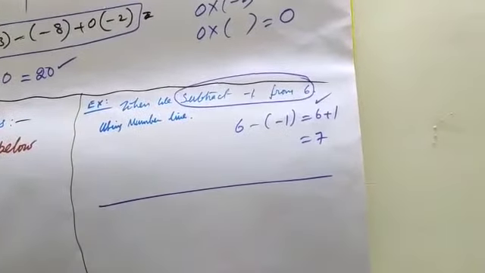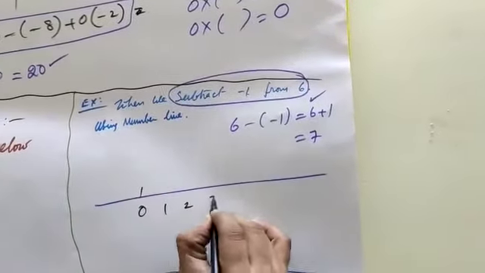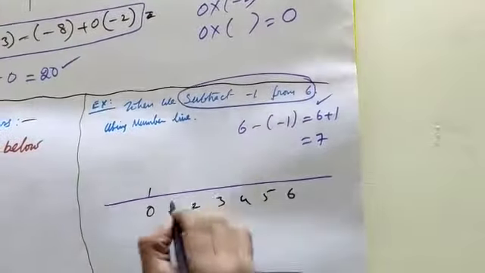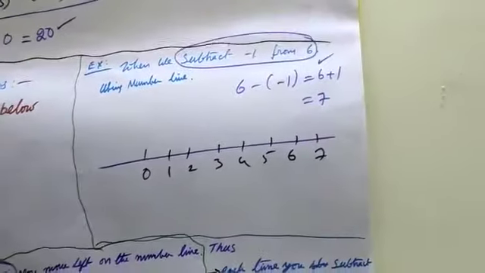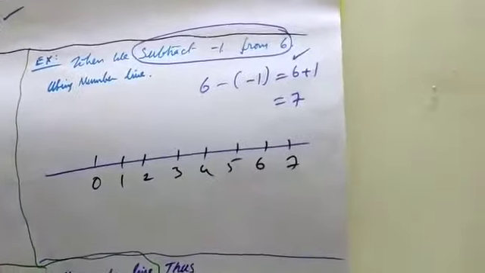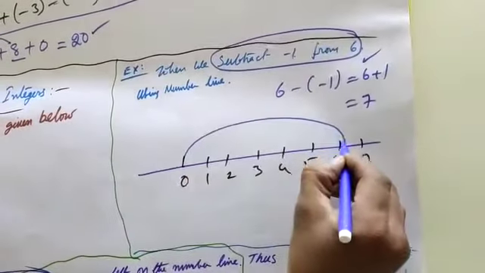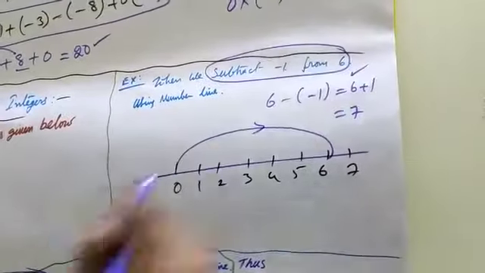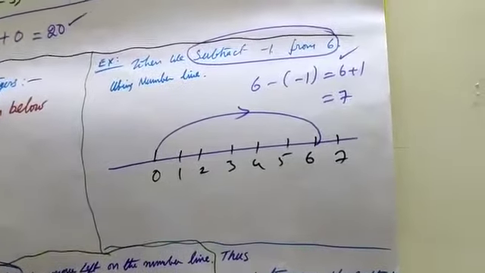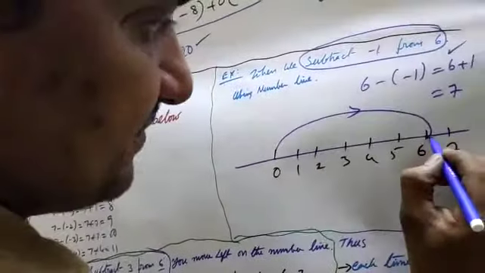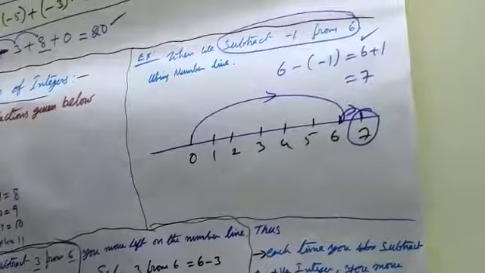First of all, 6 is 0, 1, 2, 3, 4, 5, 6, then 7. You go to the 6. Minus of minus means plus. 6 plus 1 means 1 step, 7.